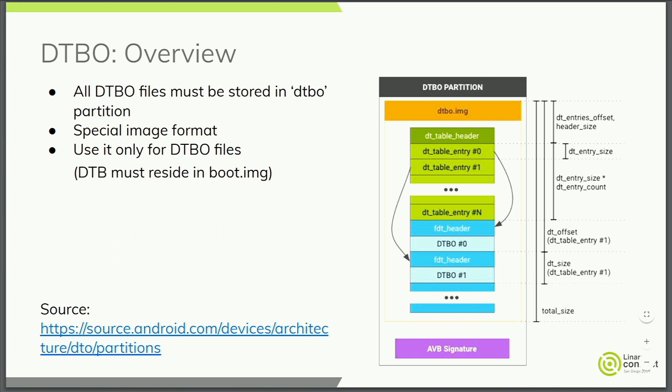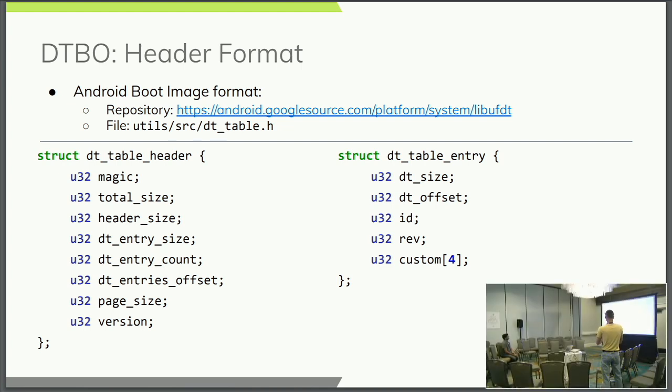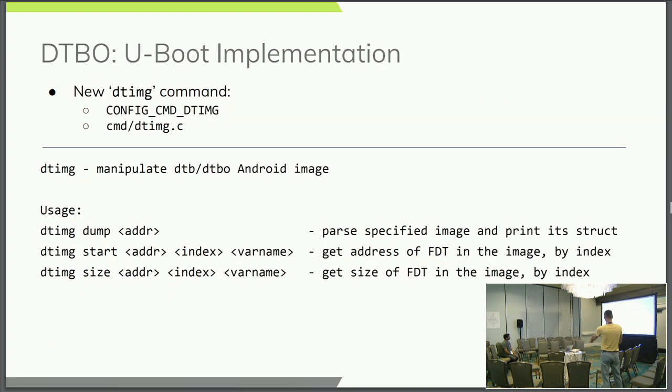So it's basically the Android format for keeping DTBO files. And this is very simple. You can keep a header, you can keep several payloads, several DTBO files, and just access them by index. You should port this file to your bootloader. It implements structures like this, and using these structures, you can obtain DTBO files from the DTBO partition, right?